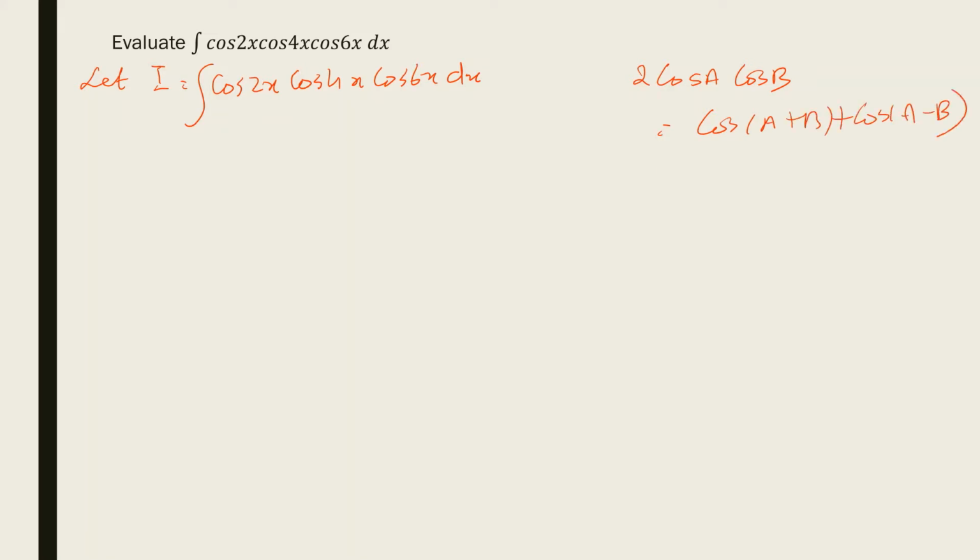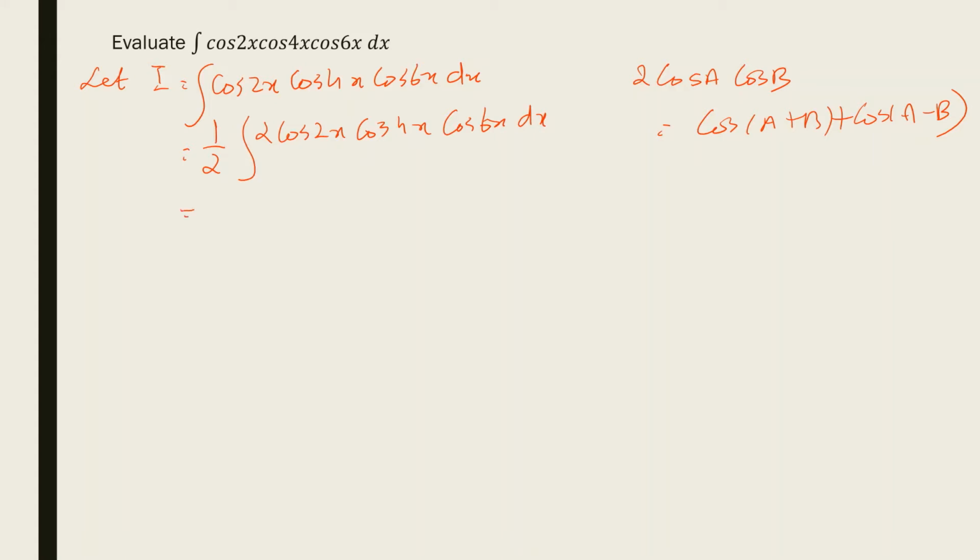So if you multiply by 2, then we can use that formula over here, 2 cos A cos B. If you multiply by 2, then you have to divide by 2. So we get the integral of 2 cos 2x cos 4x, cos 6x dx.